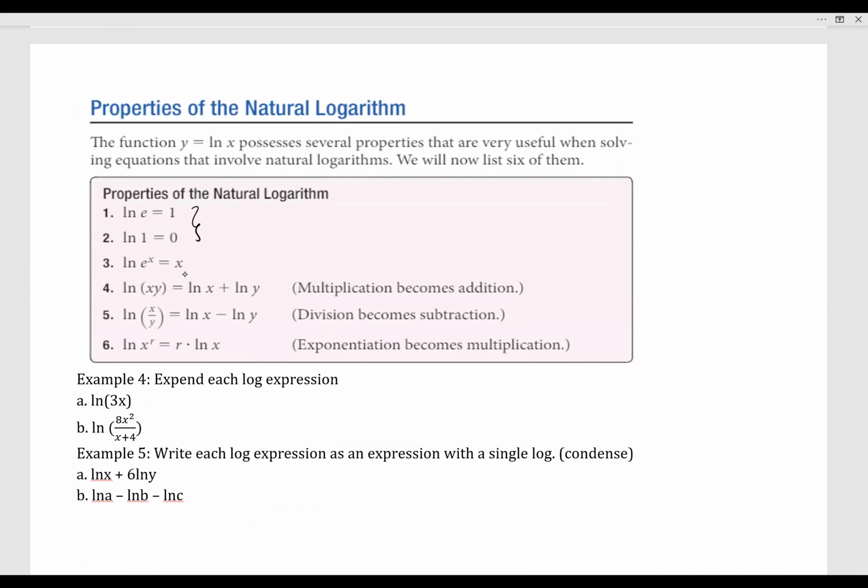These 2 I have derived from example 3 above, and number 3 here you can easily derive by changing it to exponential form.